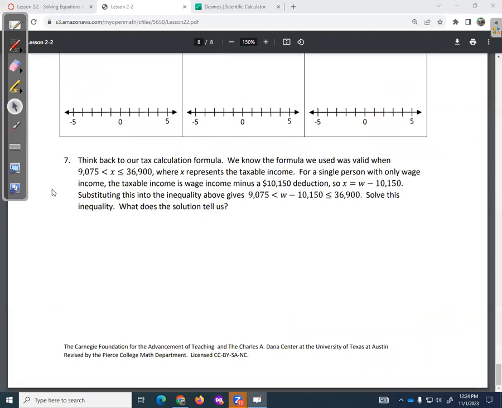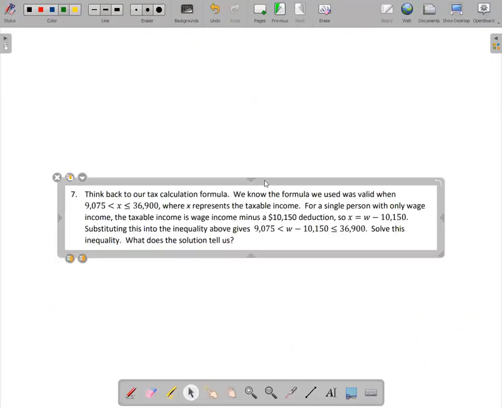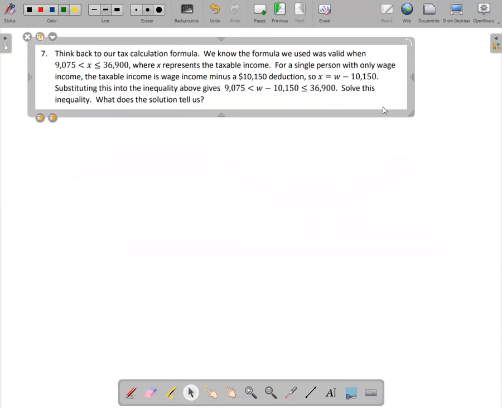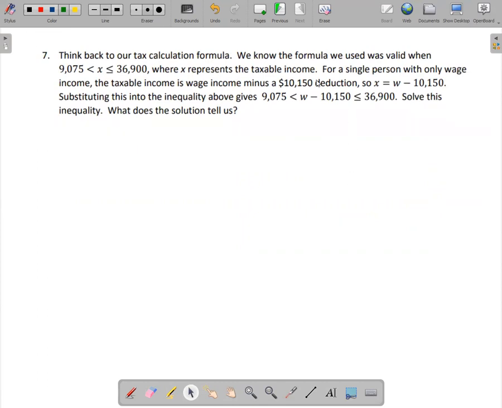All right, so let me get a screenshot of this so I can scribble on it. Add to page, please. All right, so think back to our tax calculation formula. We know the formula we used was valid when X, which is the taxable income, was between $9,075 and $36,900.